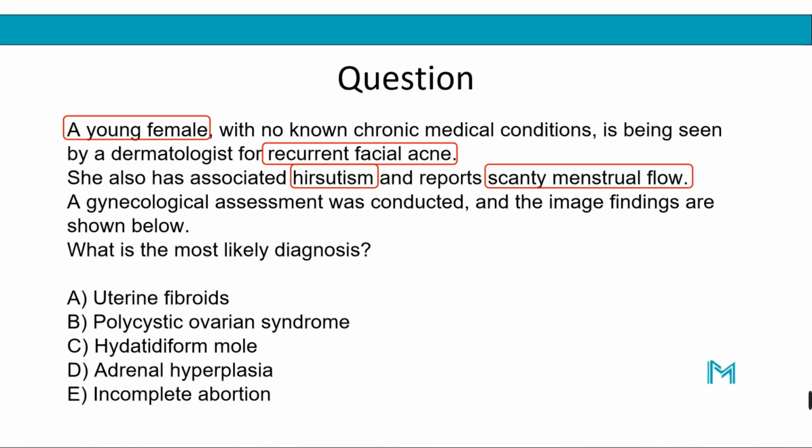Of note, it's a female, and she doesn't have any known chronic medical conditions, so no known comorbidities as it stands now. That is about it in terms of important things that need to be highlighted in the stem of the question. So let's see if we can read something from the image.